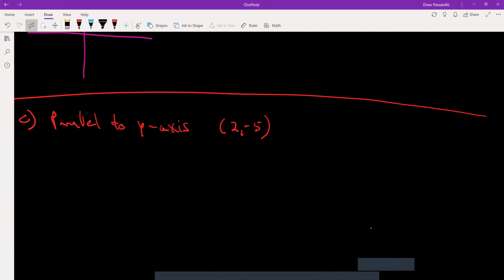The x-axis has the equation y equals 0, but the y-axis has the equation x equals 0. Just to visualize again, (2, -5) was somewhere right here. And then I have the y-axis.